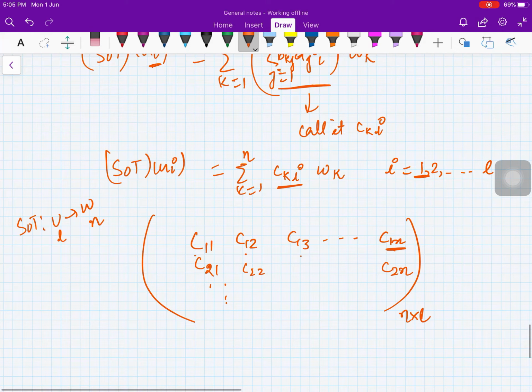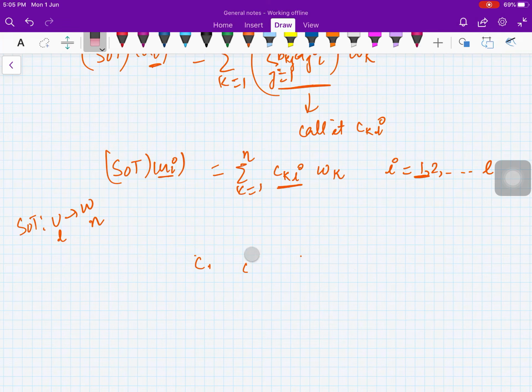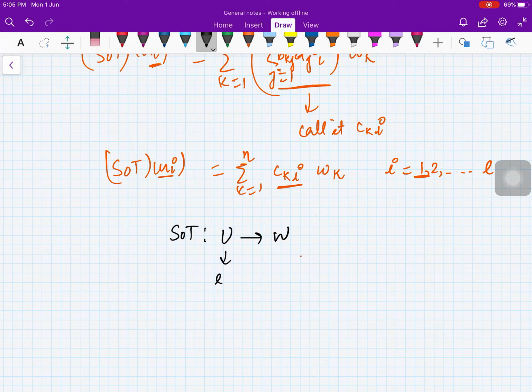So your matrix will be, we are doing something wrong. Let me write it again, sorry. So you have S composed with T, a map from U to W, and this is L dimensional, this is N dimensional.